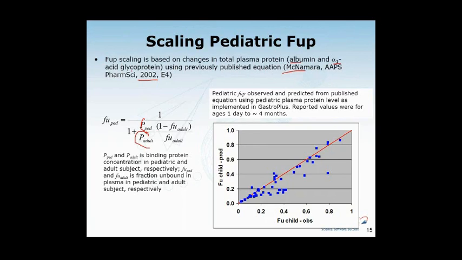So distinguishing what is the major drug binding protein for every compound, and then applying the ontogeny of that specific protein to scale the FUP. We tried to simplify this approach a little bit, and instead of looking at each of these proteins separately, we are looking at total plasma binding, total plasma protein levels. So considering both albumin and alpha acid glycoprotein in single protein fraction.